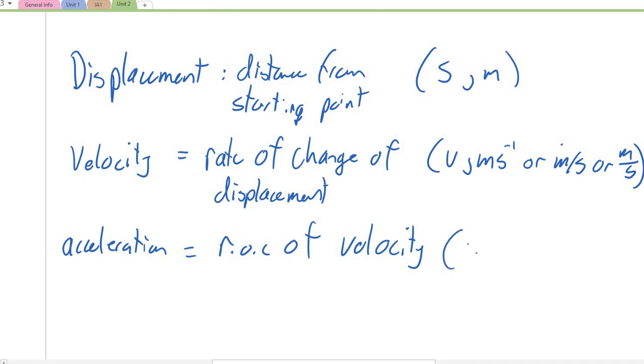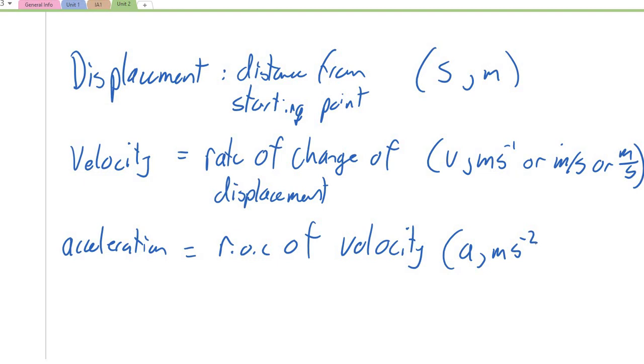Your acceleration, A, is meters per second per second. Now that throws people. Think about it this way. The acceleration due to gravity, you might know, is 9.8 meters per second per second. What that means is, if I jump out of a plane, after 1 second of gravity working on me, I'm traveling 9.8 meters a second. After 2 seconds, it increases by 9.8 again, so I'd be at 19.6 meters per second.